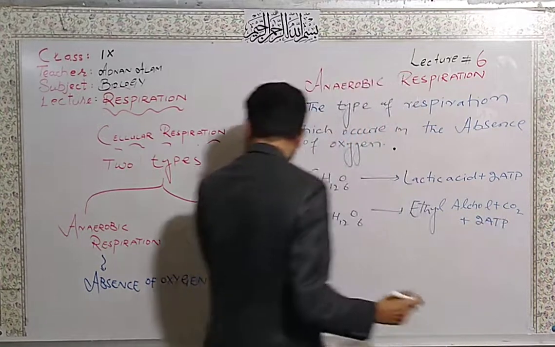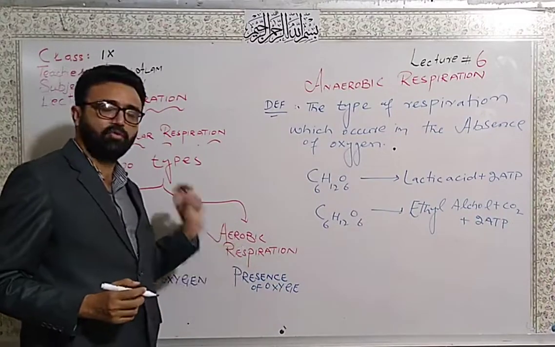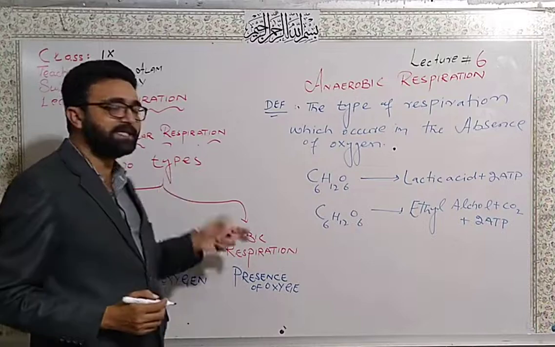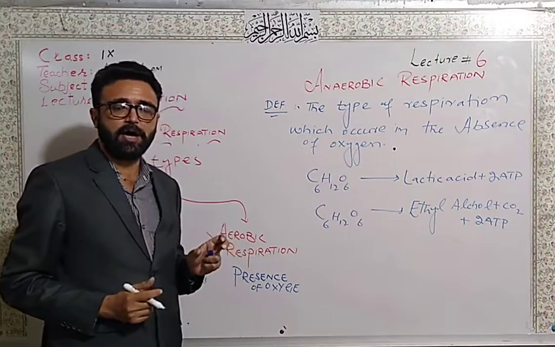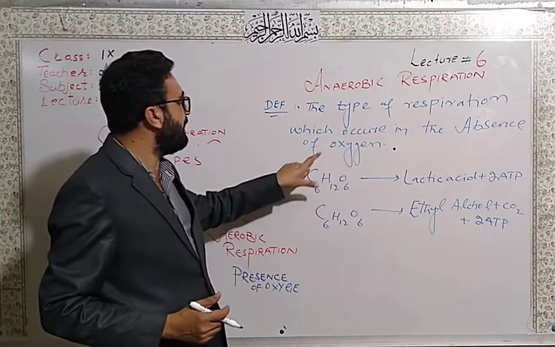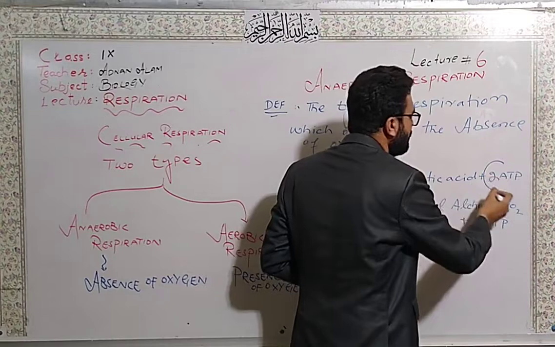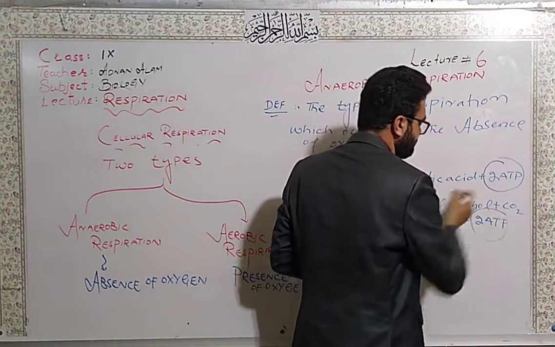Usually in aerobic respiration, if one molecule of glucose is oxidized, we can get 36 ATPs. But here in anaerobic respiration, we can get just 2 ATPs.